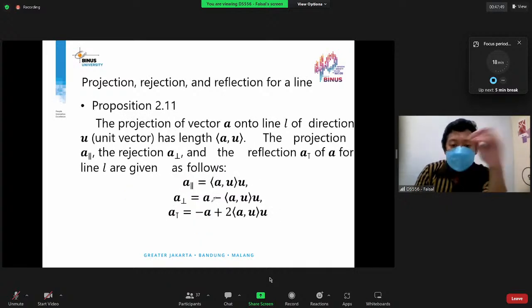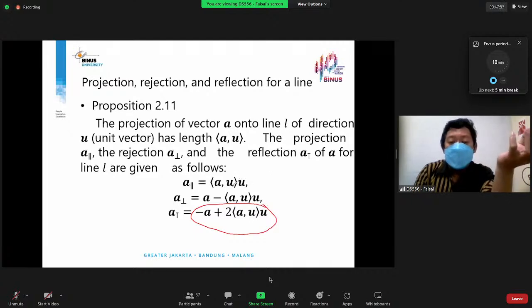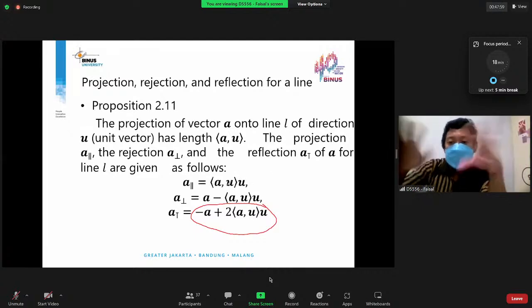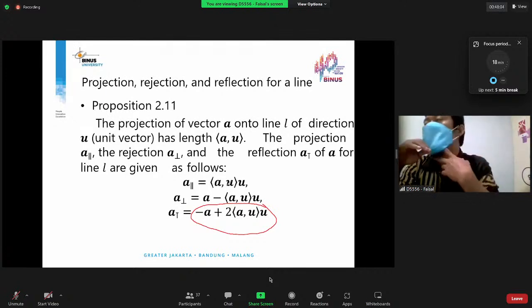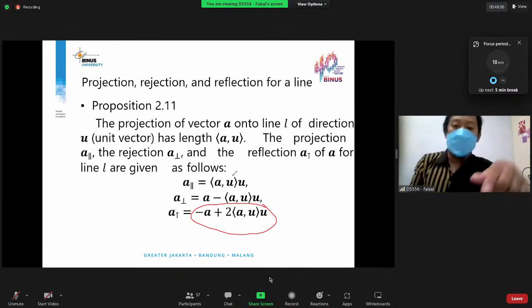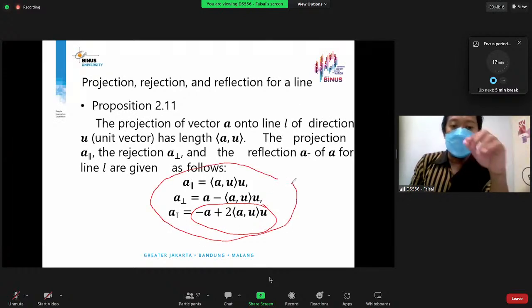And for the reflection, you can compute using this formula. So if we want to reflect, or project or reject a vector to the line L, we have the algebraic formula in proposition 2.11.